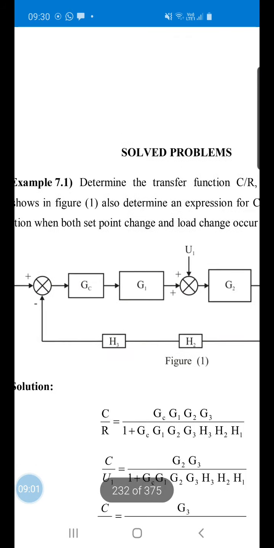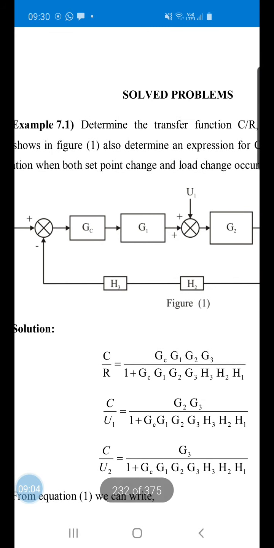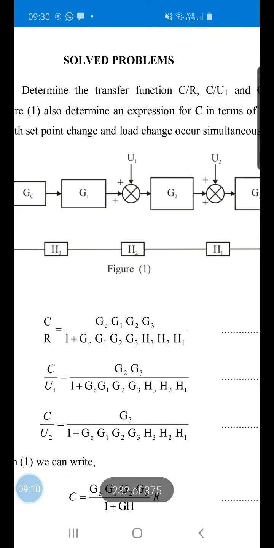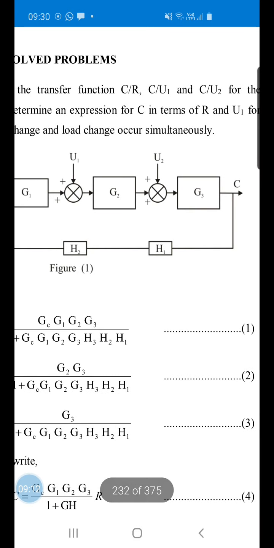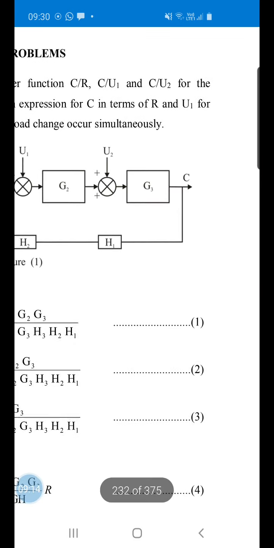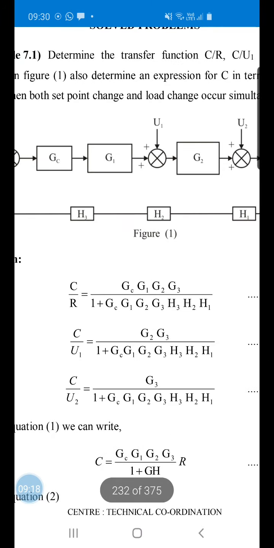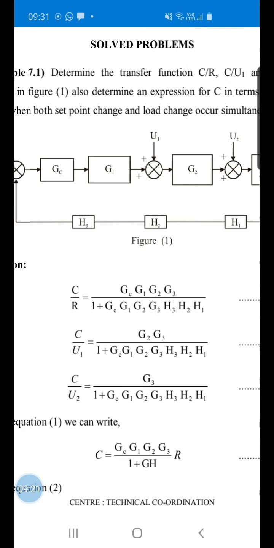Now we will discuss some problems related to the reduction of the block diagram and finding the overall transfer function. This is example 7.1. Determine the transfer functions C by R, C by U1 and C by U2 for the given control system. So now we will write C by R and C by U. First of all, C by R is equal to what?